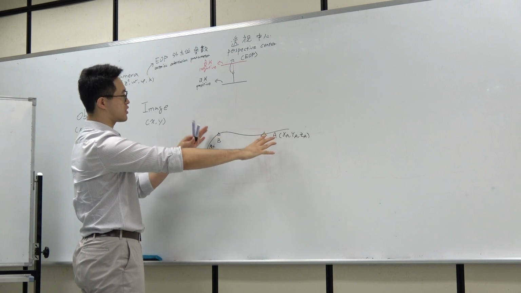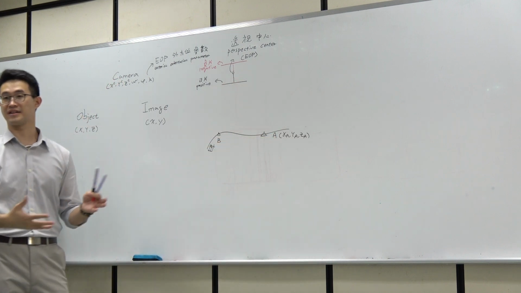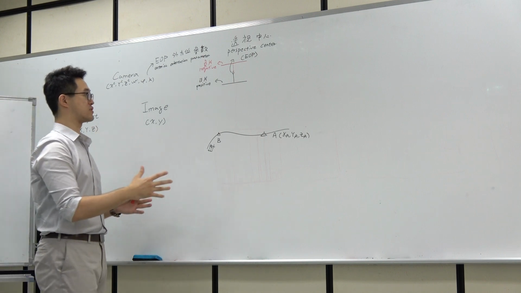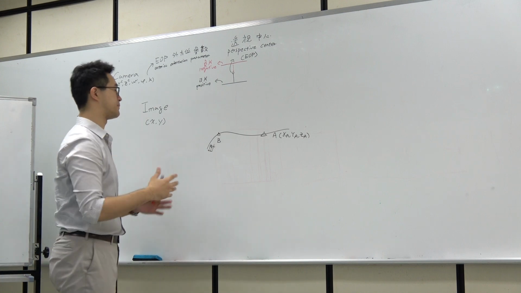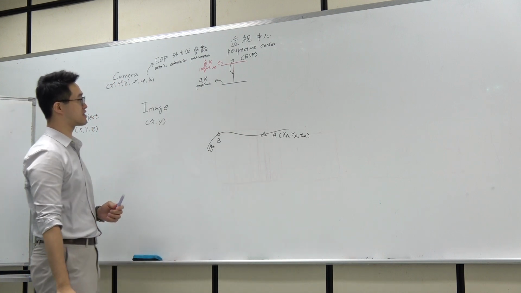You just shrink the scale and then it becomes this. So it's easier to visualize and easier to imagine. So yeah, it's easier for you guys to understand. So I usually draw the image space as the positive.